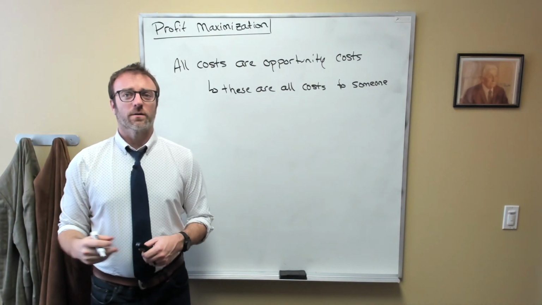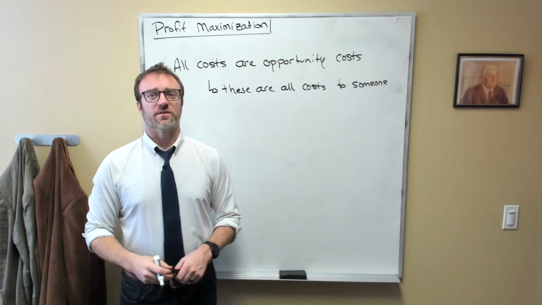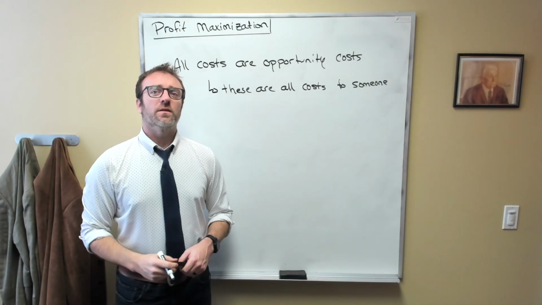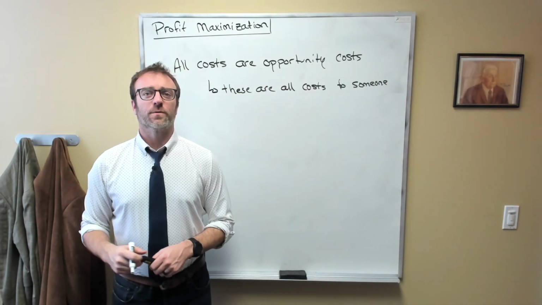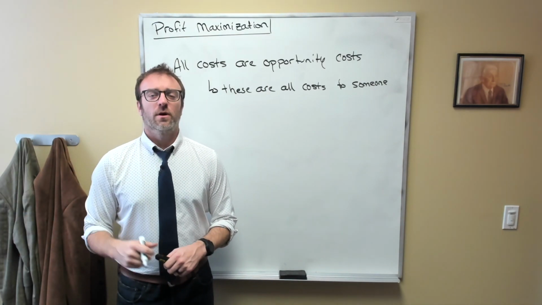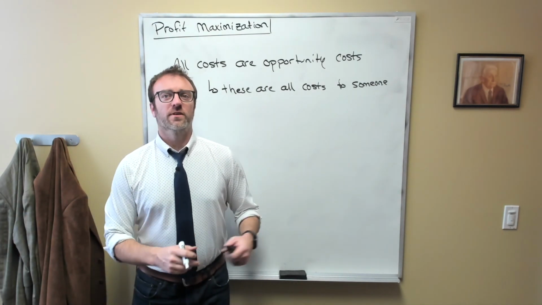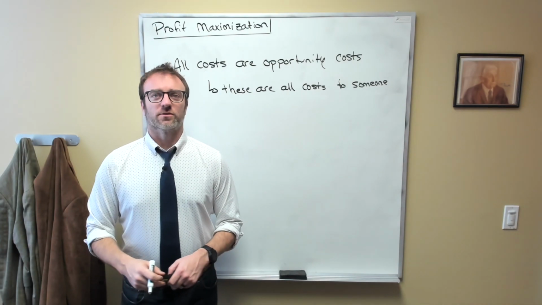Different people are going to vary in the opportunities that they forego and how they value them. So it's important to always keep in mind who has foregone which opportunities when we calculate the cost of convincing someone to take some action.